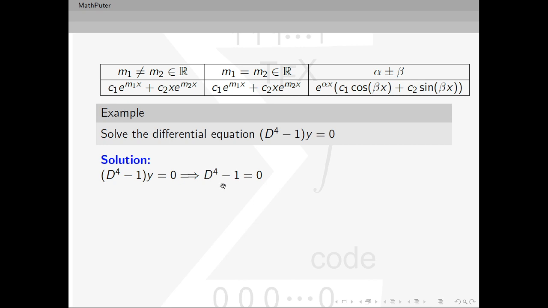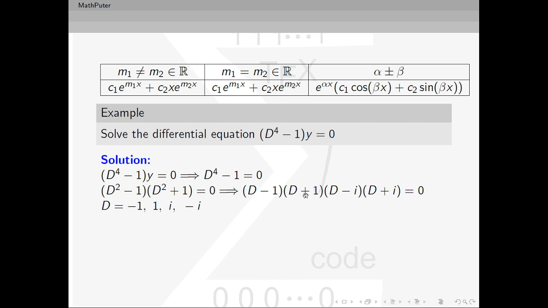How do you factorize this? This is (d square) whole square minus 1, so (d square minus 1)(d square plus 1). This has the factors (d minus 1)(d plus 1), and this has factors (d minus i)(d plus i). So we have four values: 1, minus 1, i and minus i.